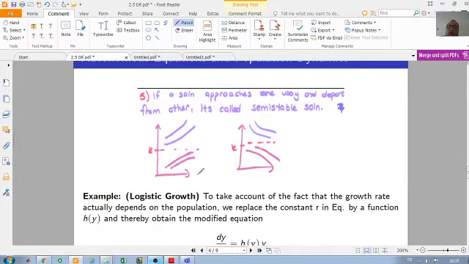If a solution approaches from one side and departs on the other, it is called a semi-stable solution. Namely, here we have positive slopes, here we have negative slopes, and here again positive slopes. And this is the inverse version of the previous one.